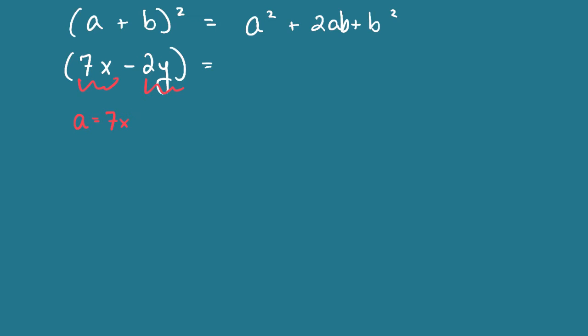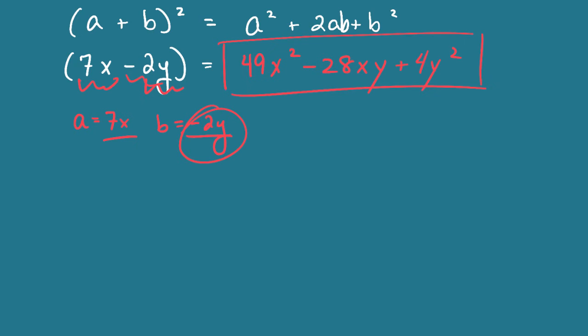My b is right there, and we're going to take the sign with it. And we just go a squared, that's 49x squared. We multiply, that's negative 14xy, so negative 28xy, because we have to double. And then negative 2y times negative 2y. And you're done. That's my b squared, that's my 2ab right there in the middle, and there's my a squared.